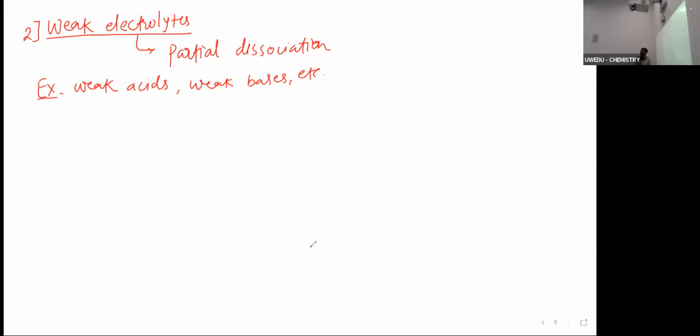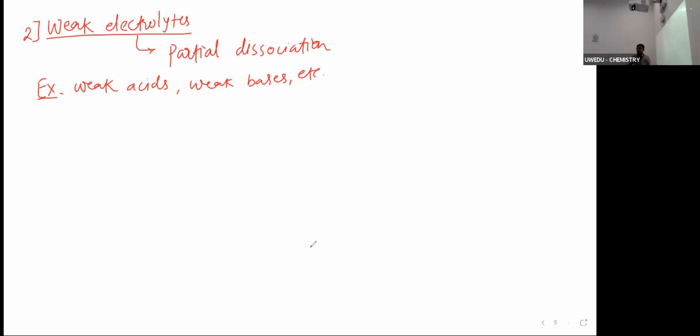Just take a guess. What is coming from inside? Okay, 3 into 2, 6. Okay, so there are 6 strong acids.